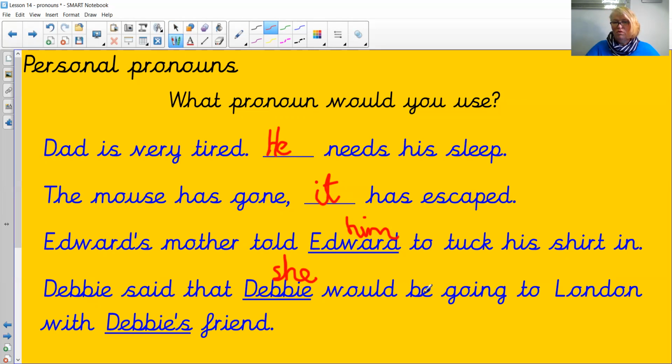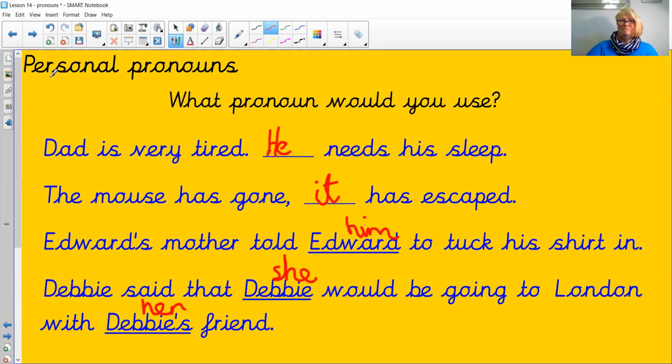Debbie said that she would be going to London with Debbie's friend. Well, now we want a possessive, don't we? We know that the friend belongs to Debbie. So we're going to replace Debbie's with her. So Debbie said that she would be going to London with her friend. Makes far more sense, a lot less repetition.